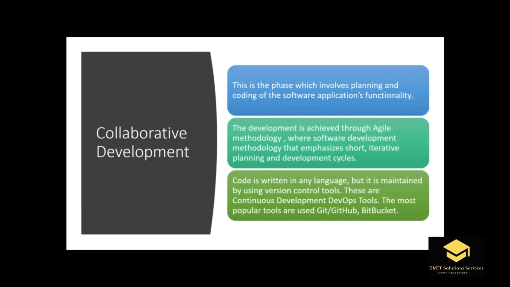Before that, different centralized version controls were used, but now GitHub is very popular. With the agile methodology, developers develop the code and move it into version control. That is called collaborative development.